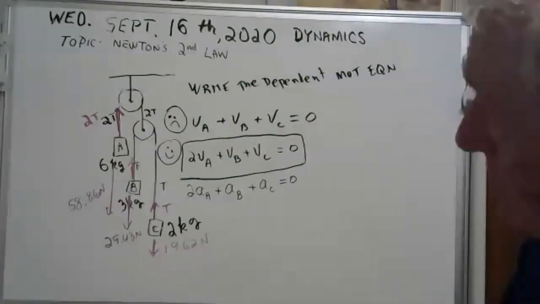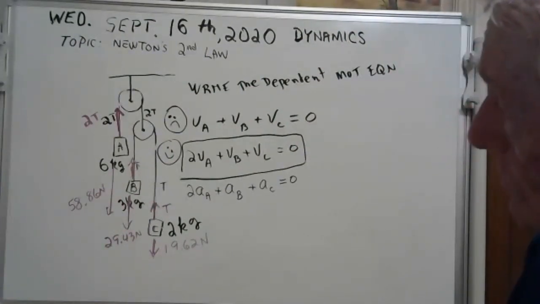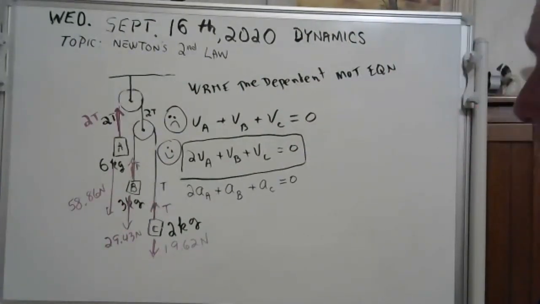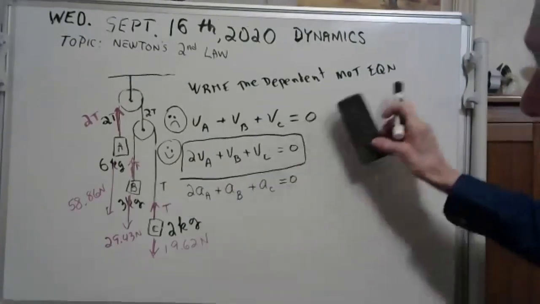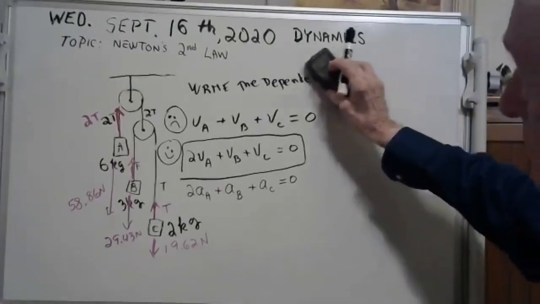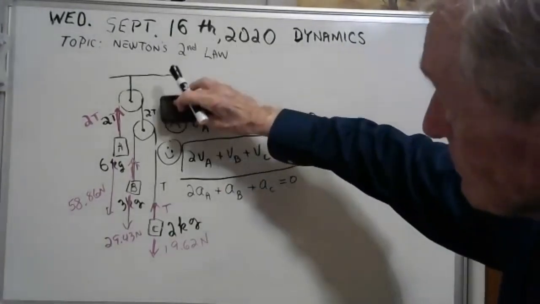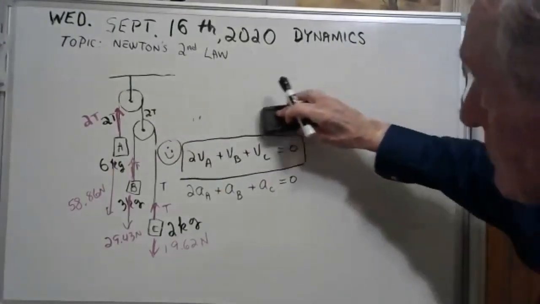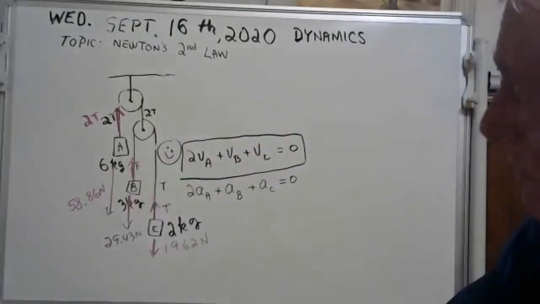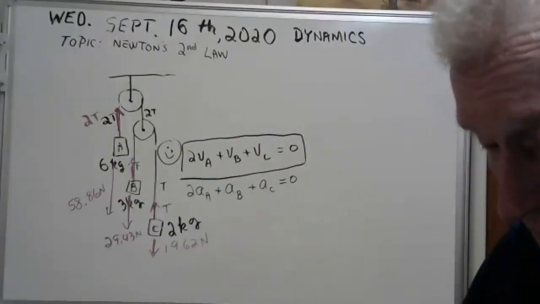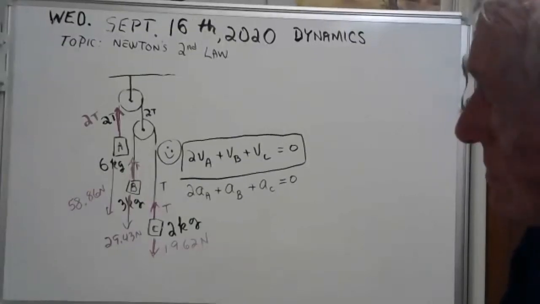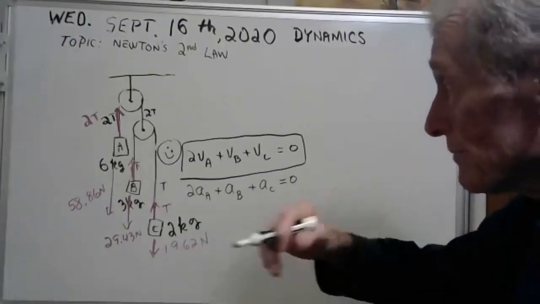And now the next step is to write Newton's second law. Okay, well, let's do that. I need a little room here to do that. Okay, we're going to write Newton's second law now, and we'll write it for each body.